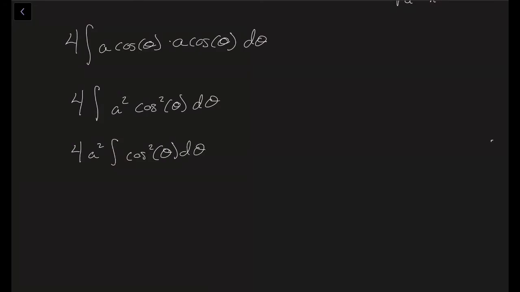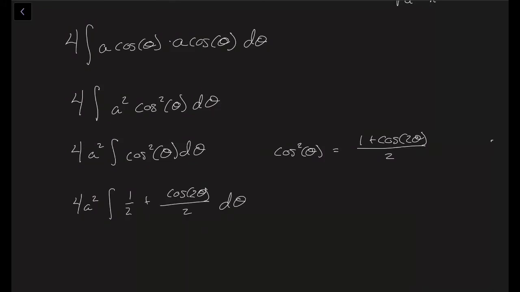Now how do we deal with cosine squared? If we remember, cosine squared of theta is equal to 1 plus the cosine of 2 theta over 2. So let's just go ahead and place that in there. So we get 4a squared, integral of 1/2 plus cosine 2 theta over 2 d theta.